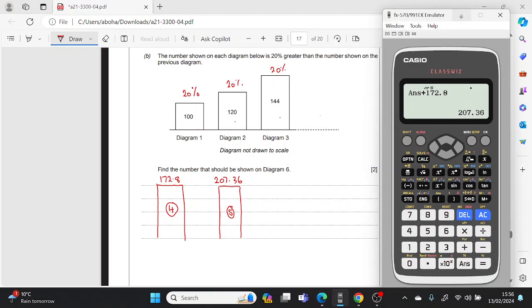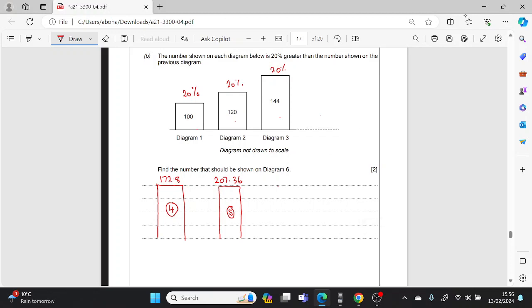And then finally, for diagram 6, 20% times the answer, which is 41.472, plus 207.36, is 248.832. So 248.832. Yeah, that's the answer I should have needed there, okay?